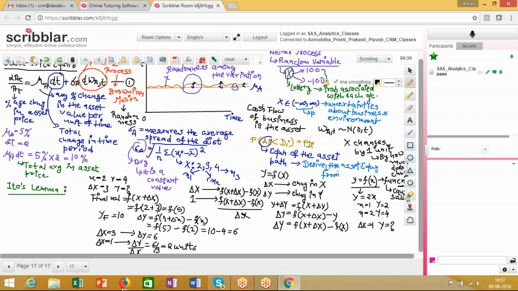Two. So for every unit change in x, y will change by 2 units. So this is the concept of derivative.